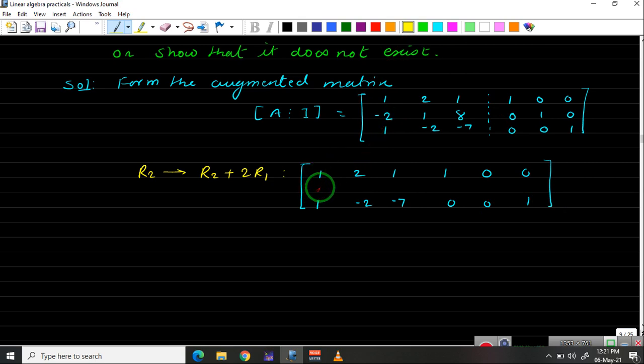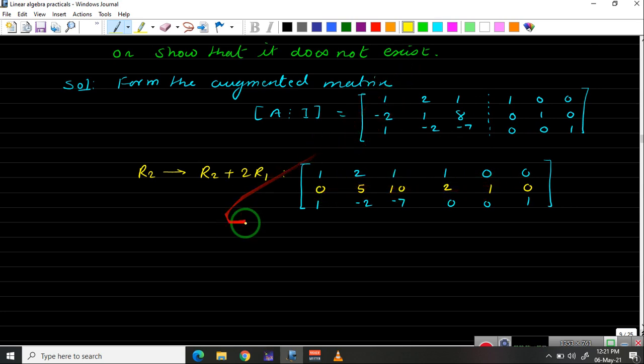So -2 plus 2 you will get 0, 1 plus 4 you will get 5, 8 plus 2 you will get 10, correct? Then 0 plus 2, so 2, 1, 0. Okay, so we got this 0.